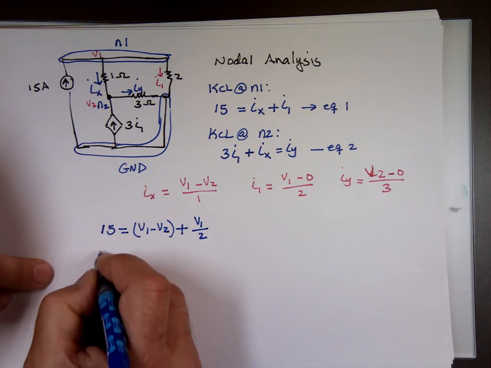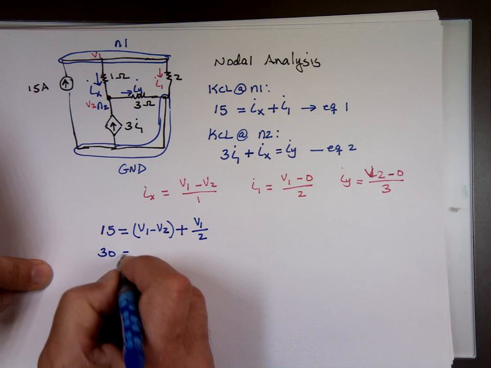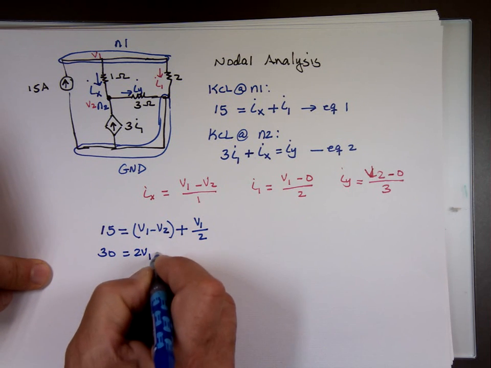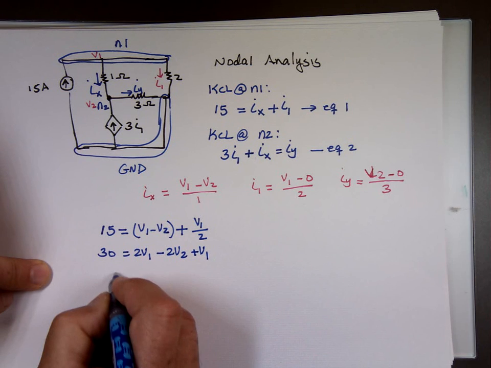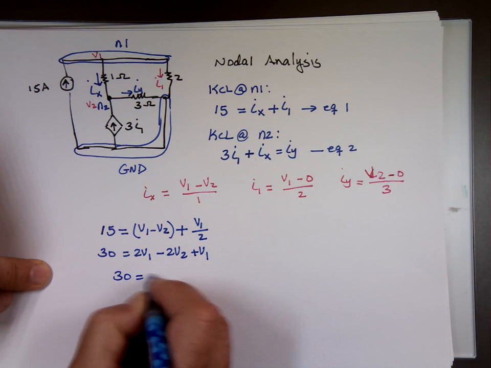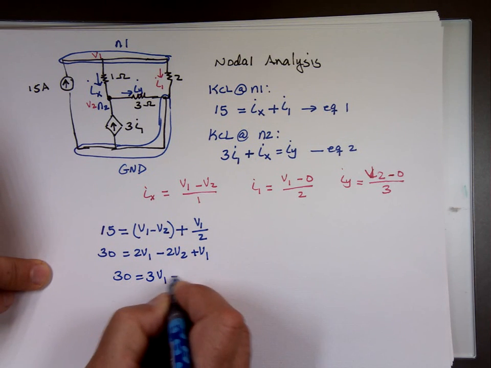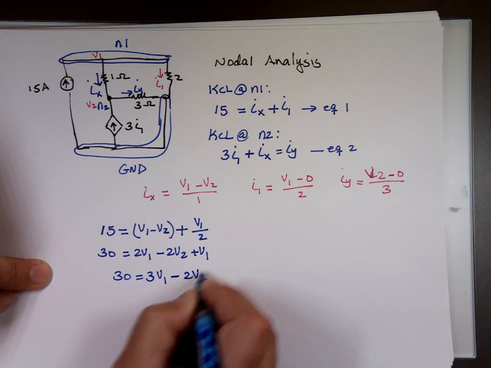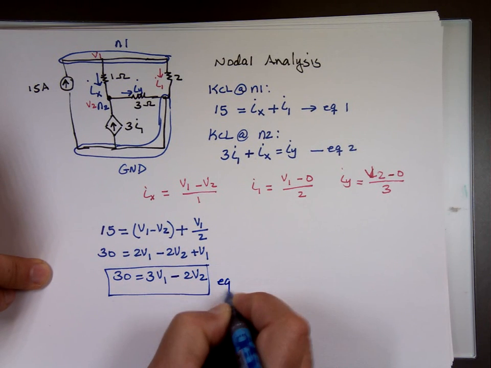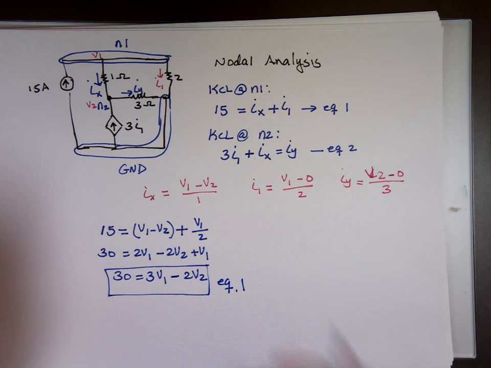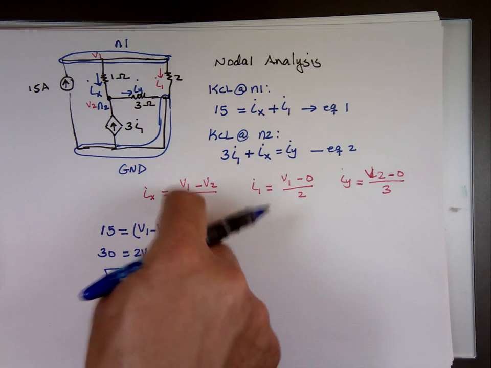Multiply by 2. 30 equals 2V1 minus 2V2 plus V1. Clean it: 30 equals 3V1 minus 2V2. This is equation 1 again. I'm trying to convert that from 2 equations by 3 unknowns to 2 equations by 2 unknowns.